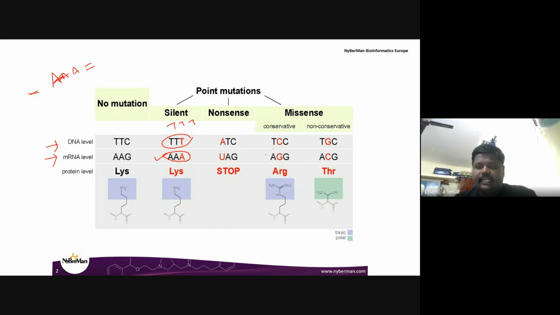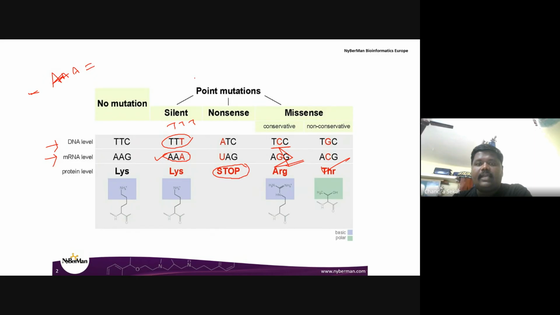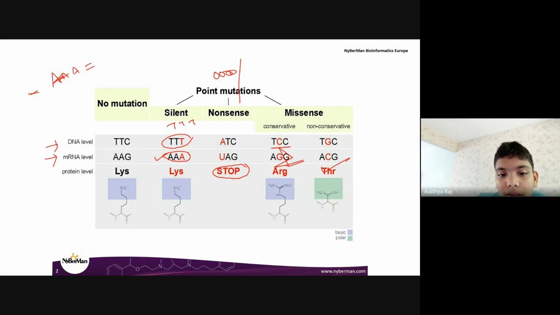Like TCC and TGC, only one letter has changed, but instead of one amino acid, another amino acid has formed, arginine, threonine. But what happened here? No amino acid is formed, so it becomes truncated.